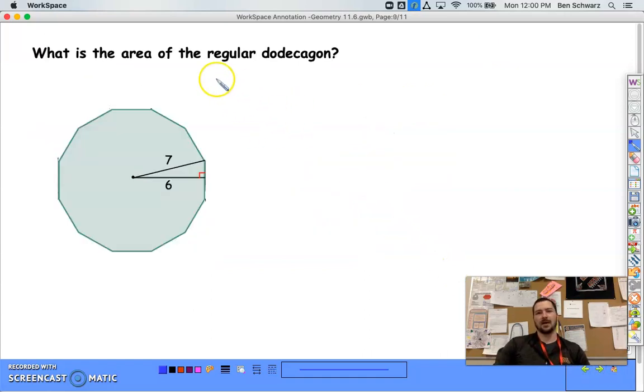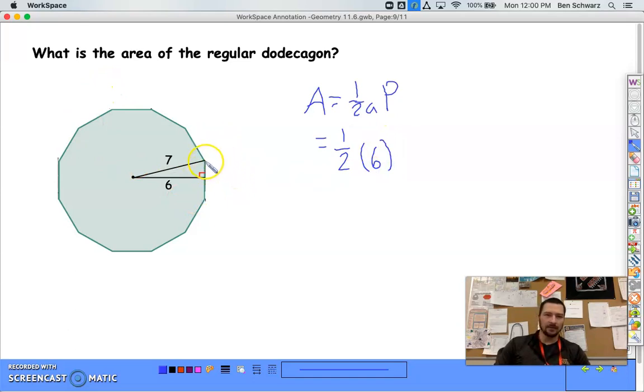All right, area of this regular dodecagon. So now we've got 12 sides. Again, area is 1/2 AP. So here we're going to have 1/2. Our apothem we know is 6. But the problem is we don't know our perimeter. But we can find our perimeter.